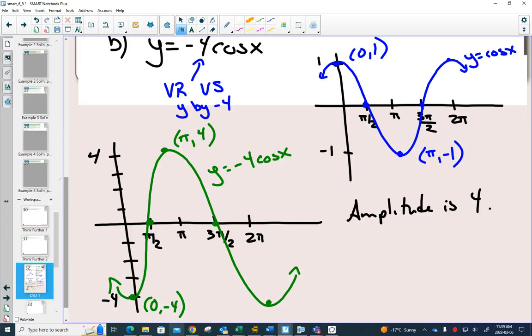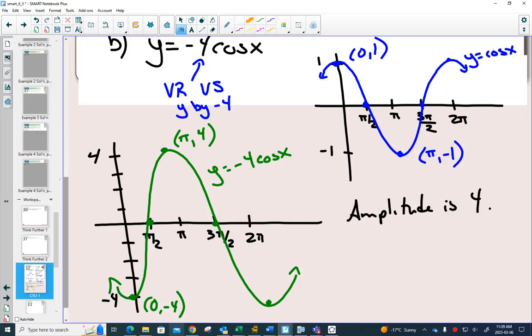So the first shortcut that we're going to notice for our sine and our cosine graphs is that if you have a number out in front, a vertical stretch or compression, that is going to change your maximum and your minimum, and it's going to change your amplitude. A number out in front of 4, amplitude is 4. Number out in front of 2/3, amplitude is 2/3. If you had a 7 out in front, your amplitude would be 7.